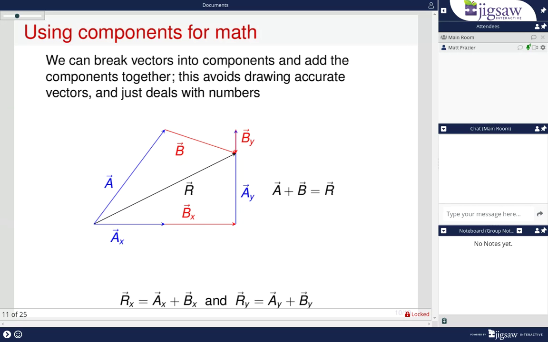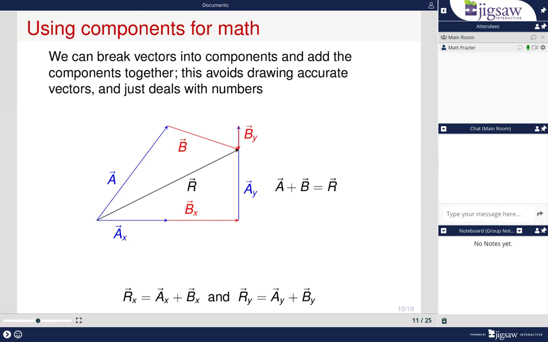In the x component of the result, it's just adding these x components. We can rearrange the components. So we have Ax plus Bx here, and then Ay plus By there, and that lets us find these components, Rx and Ry.